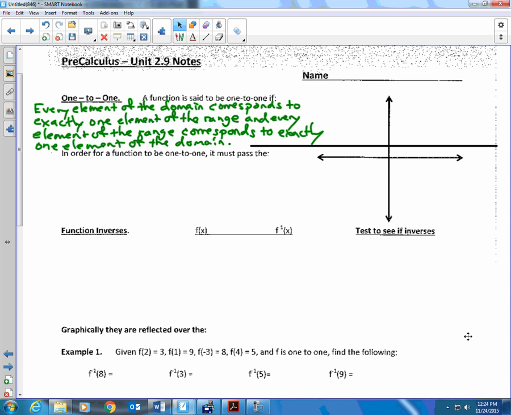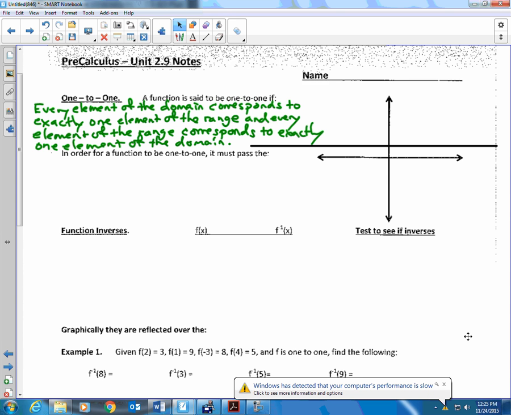And an important conjunction word: and every element of the range corresponds to exactly one element in the domain. You have to know this for the test. It's basically the same as the function, right? You just have to put the word "and" and flip it around.